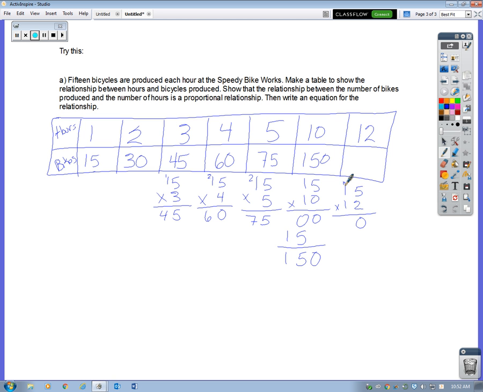Carry the 1. 2 times 1 is 2. Plus 1 is 3. 5 times 1 is 5. 1 times 1 is 1. 180.